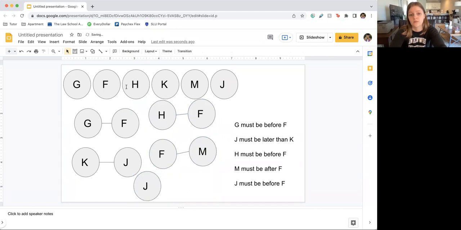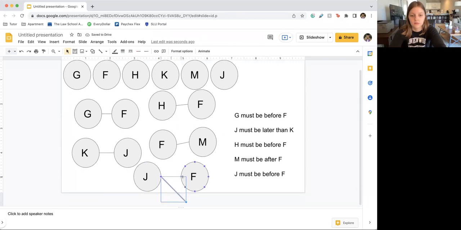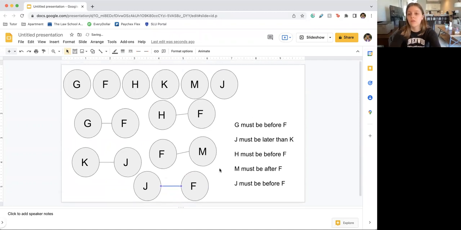J must be before F. So that means J is going to come before F, and we can just chain them. So I have all of my rules as standalone rules. I haven't combined anything yet, but that's basically how we're going to form our links. Basically, think about them as our links.